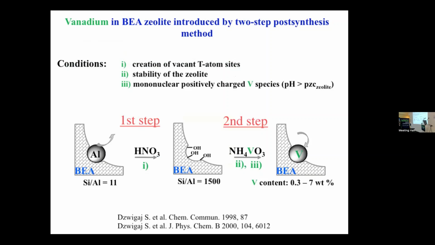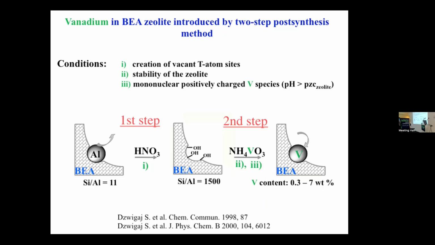To obtain vanadium beta zeolite, it is important to create vacancy sites by removal of aluminum by treatment with nitric acid.